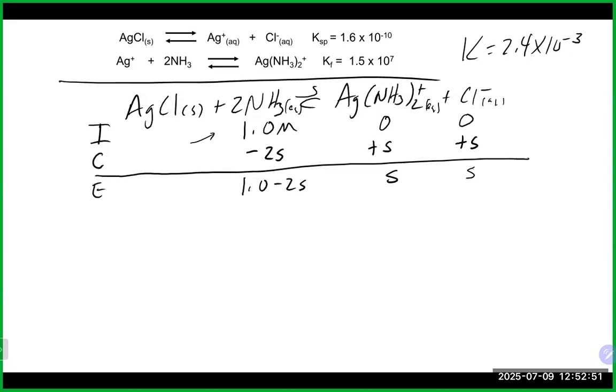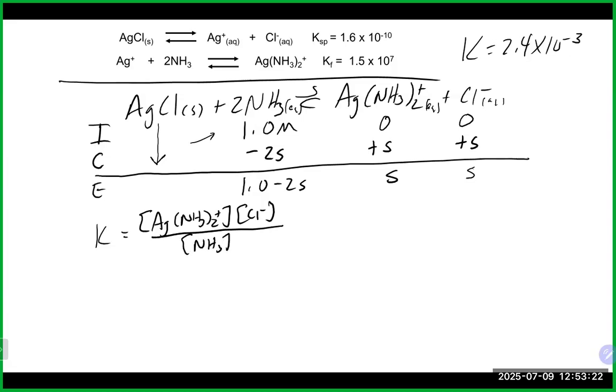Yeah. Other questions? All right, so this is going to go into our equilibrium expression. And that also is why, right, at this point, we're really not doing anything with the solid here because it's not going to be included in the equilibrium constant, even though technically speaking, that is kind of what we're looking for in our final answer, but we're not going to actually include it here. So we will go with our complex ion times our chloride divided by our ammonia.